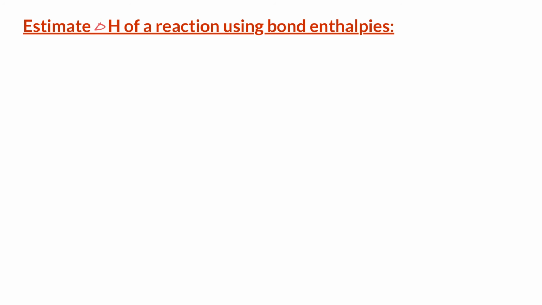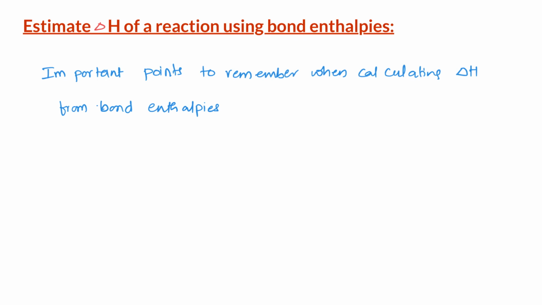There are two important things to keep in mind when using the average bond enthalpies to calculate the delta H of a reaction. 1. The tabulated values of bond enthalpies are not accurate values. They are average values. Therefore, the calculated delta H of the reaction is an estimate only.